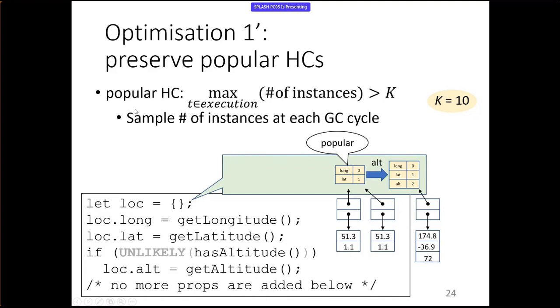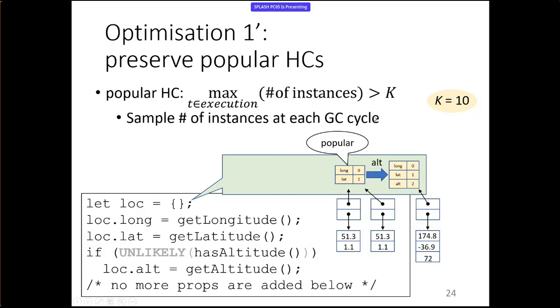More precisely, we define the popular hidden class with this expression. A popular hidden class is a hidden class that has more than k instances. In our case, we set k to 10.